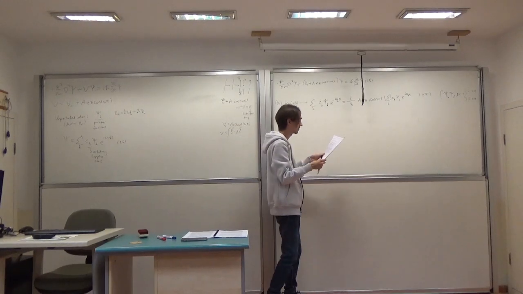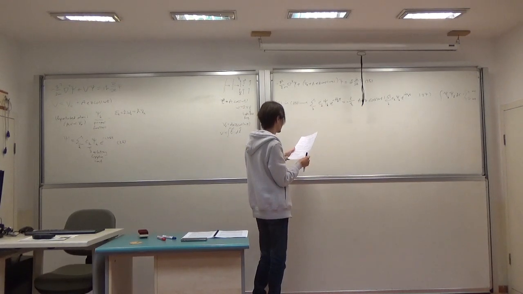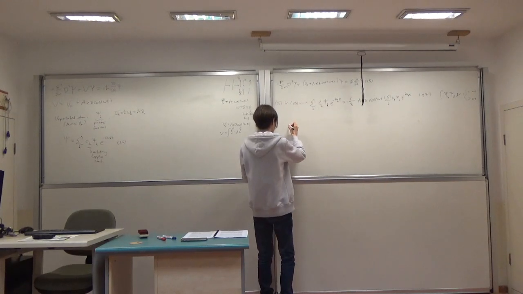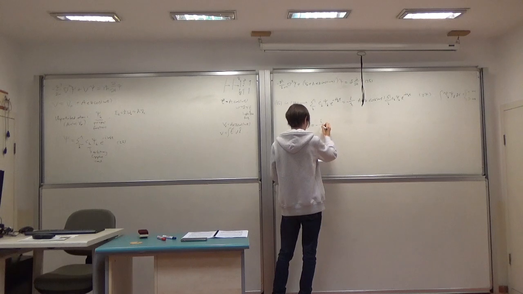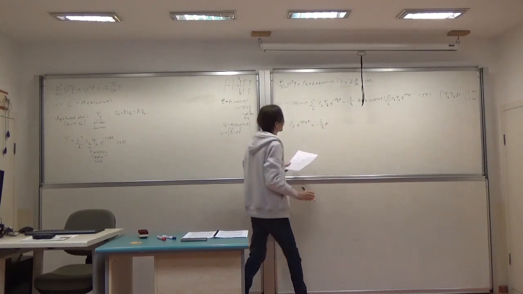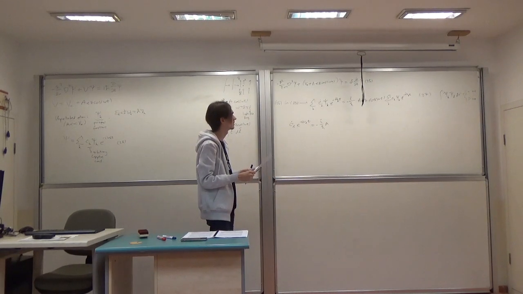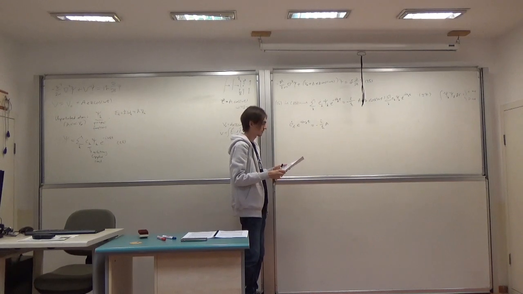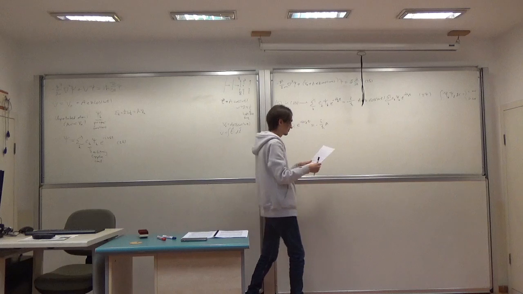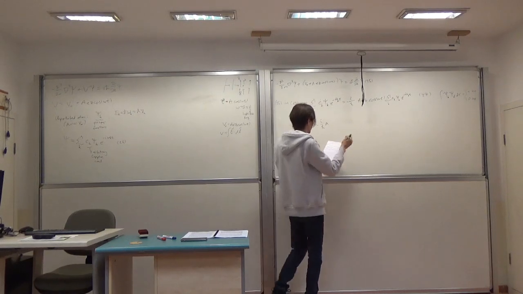Multiplying both sides by psi l and then taking the integral, we will get c_l dot e to the minus i omega l t equals minus i h bar a. By the way, in the paper you may not see these equations in this form, because I prefer to use some notations different from the ones Schrödinger prefers. So that's why.